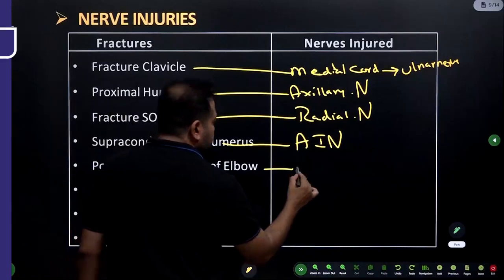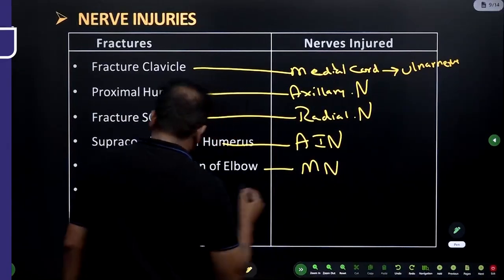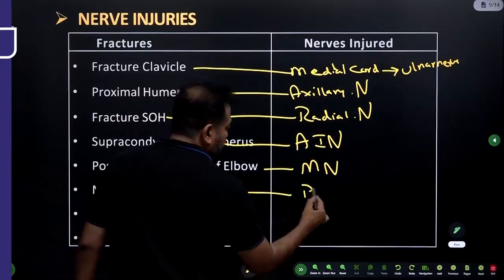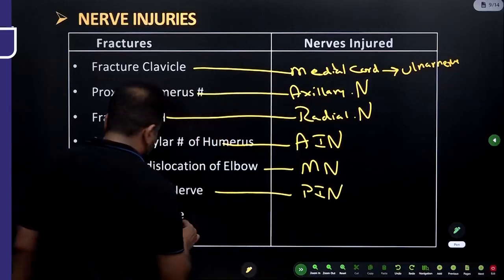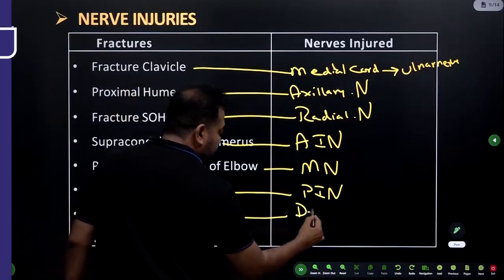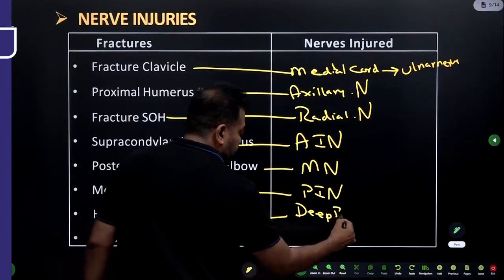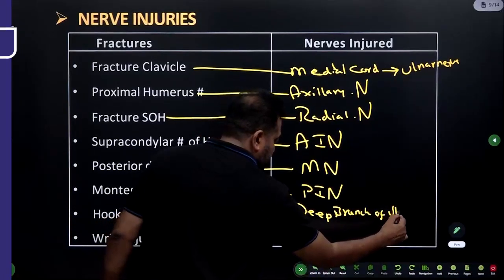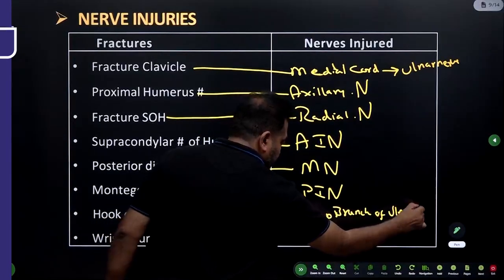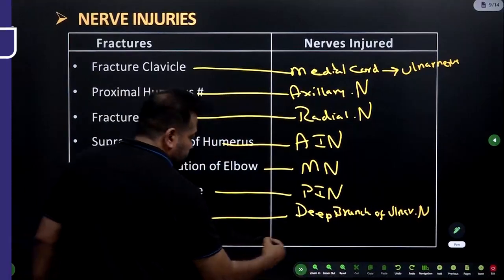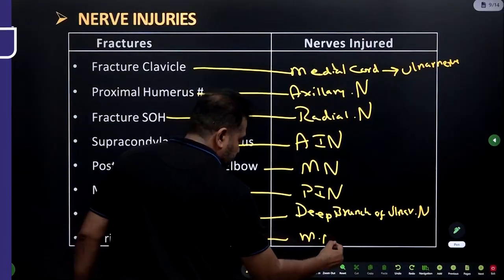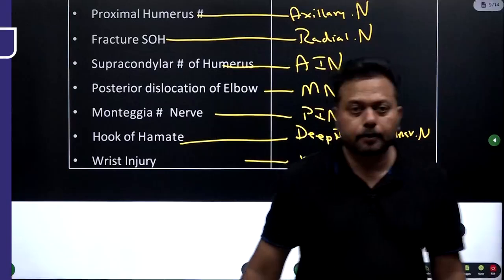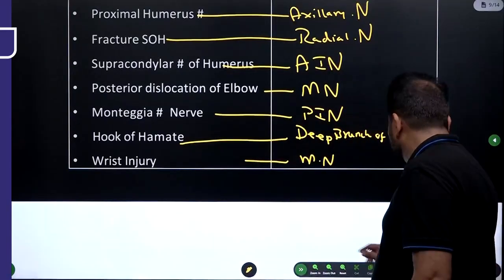In posterior dislocation of the elbow, the median nerve. In Monteggia fracture, the posterior interosseous nerve. In hook of hamate, the deep branch of the ulnar nerve. And in most common wrist injury, the median nerve.